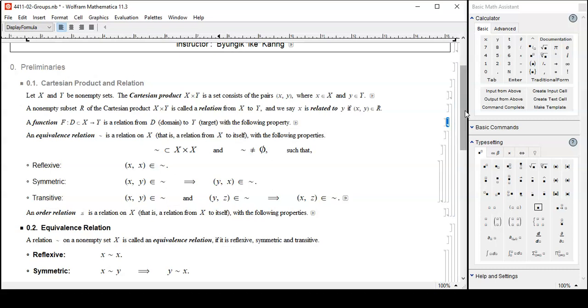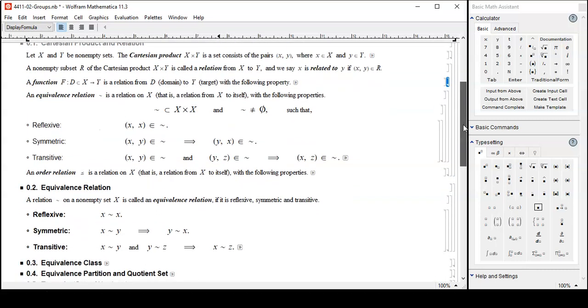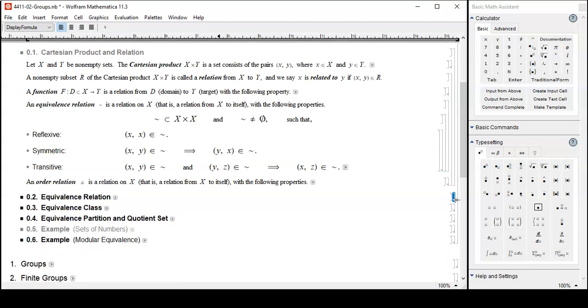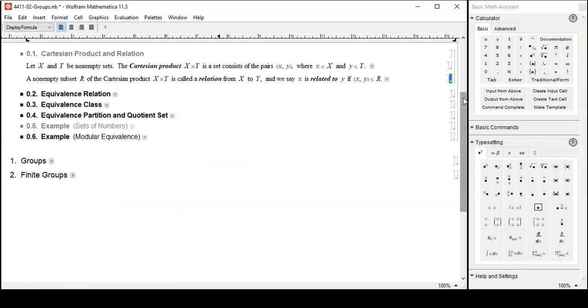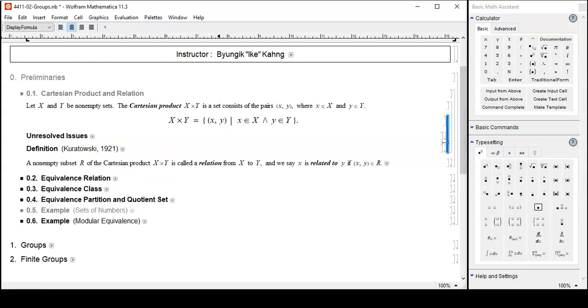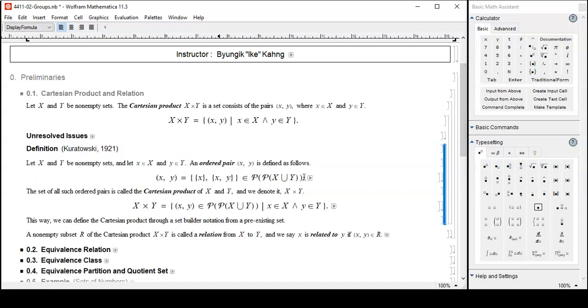So equivalence relation, which can be written like that in terms of Cartesian product and pair notation versus this traditional notation, they're identical. And as for the precise definition of the Cartesian product, if you're interested, you can define it like this. An ordered pair can be defined like that, and Cartesian products can be defined like this with the starting set.